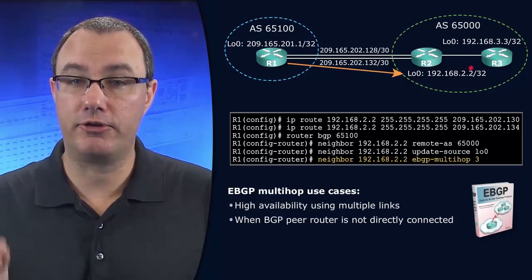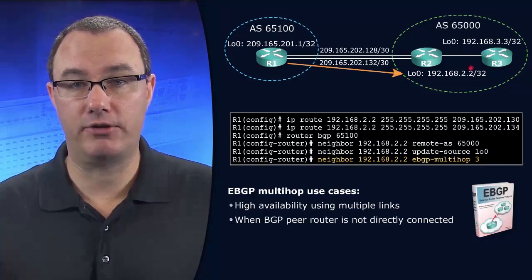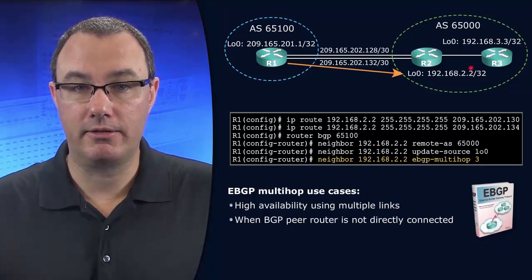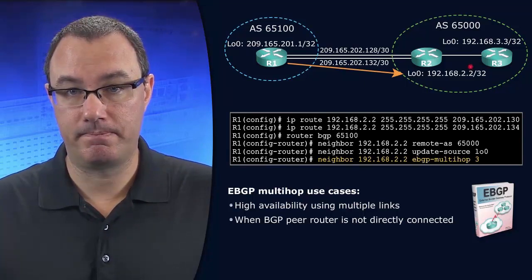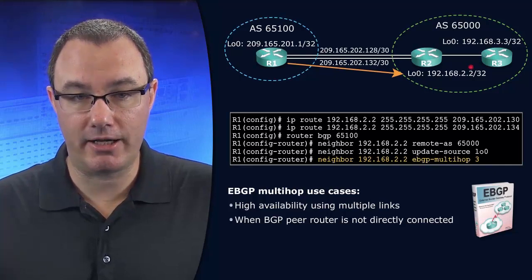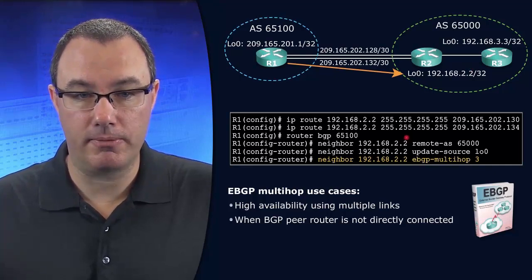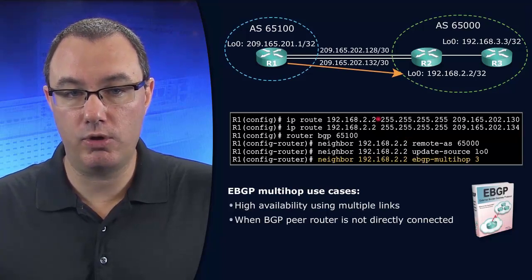So we just decremented our time to live. And if we had the default time to live of 1, it would have died. So now we need a time to live of 2 in order to get the traffic there. Now, because our neighbor has two different ways of getting to this address, we will load share going to its neighbor.